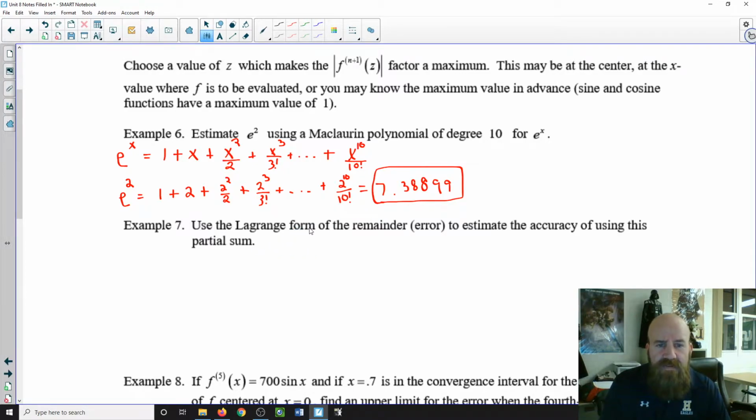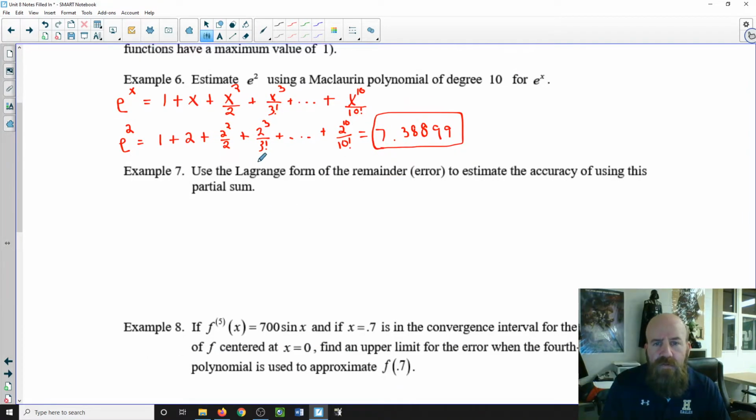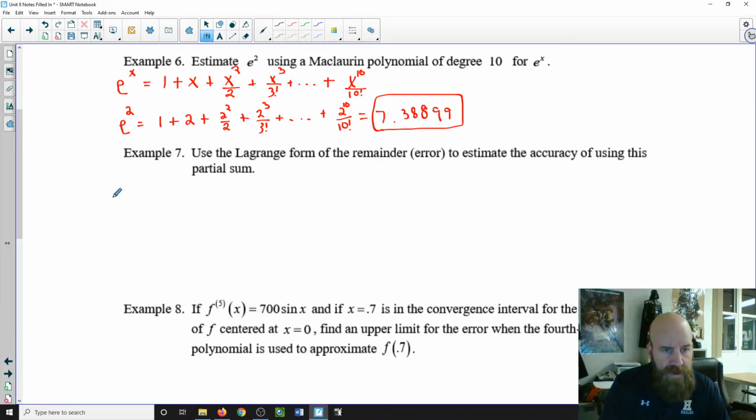Example 7 says use the Lagrange form of the remainder to estimate the accuracy of this partial sum. So we're going to take a look at e to the x again, and find the Lagrange error. The Lagrange remainder is always a maximum.